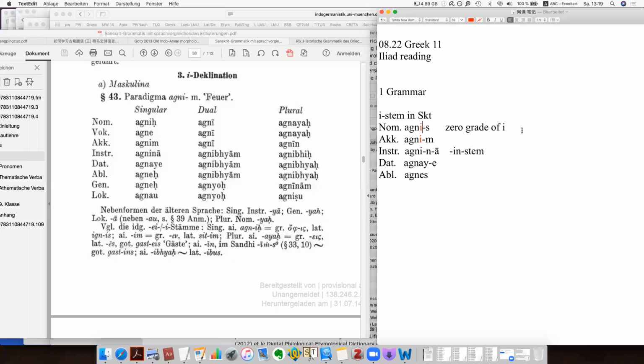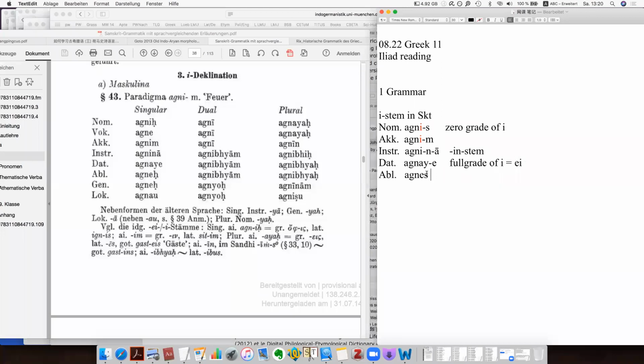The zero grade of i is i. But this one is not the zero grade. It's actually the full grade of i. The full grade of i is actually e, right? But e just becomes a in Sanskrit.